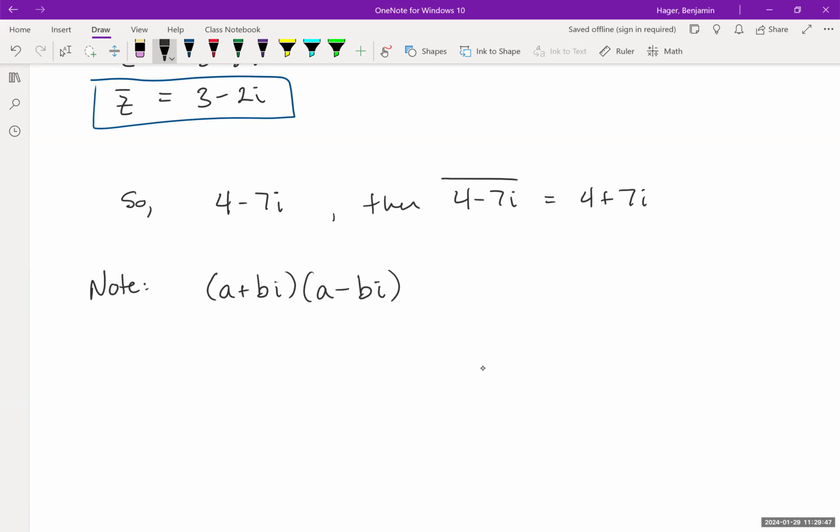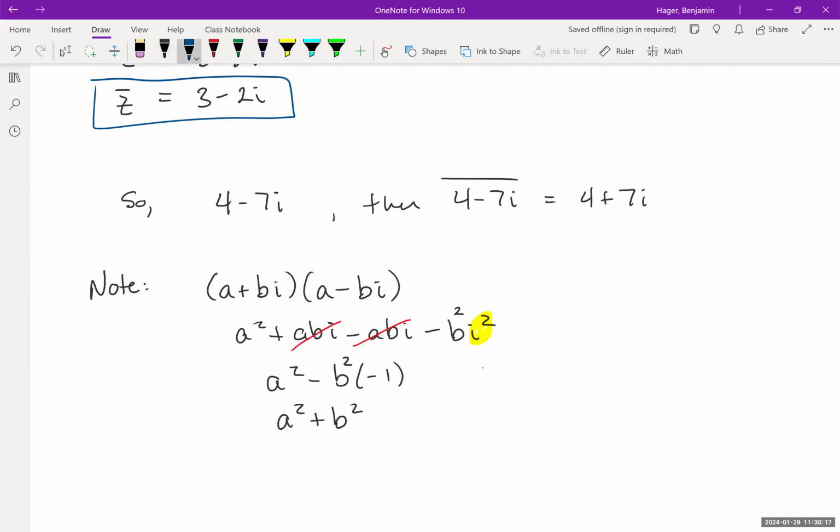If you were to distribute all this out, you would get a squared plus abi minus abi minus b squared i squared. Notice these middle terms cancel. You get a squared minus b squared times i squared, which we know is negative 1. So this ends up being a squared plus b squared.